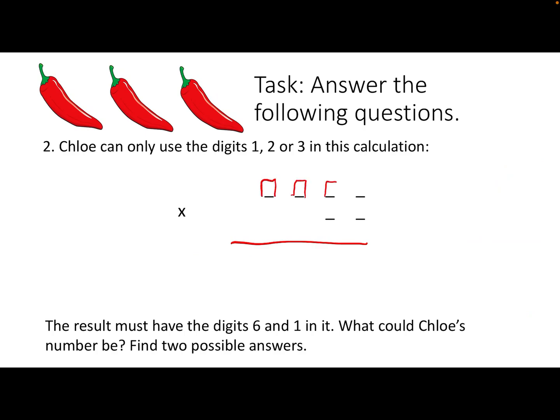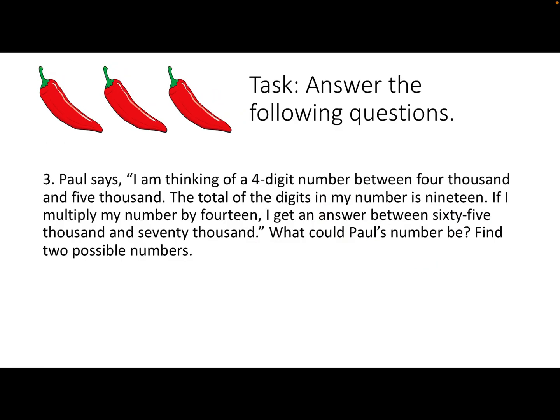Same thing again. Picture these as mystery boxes. The result must have the digit 6 and 1 in it. So in our answer, we must have a 6 and a 1 in there somewhere. Find 2 possible answers. And you can only use these 3 digits.